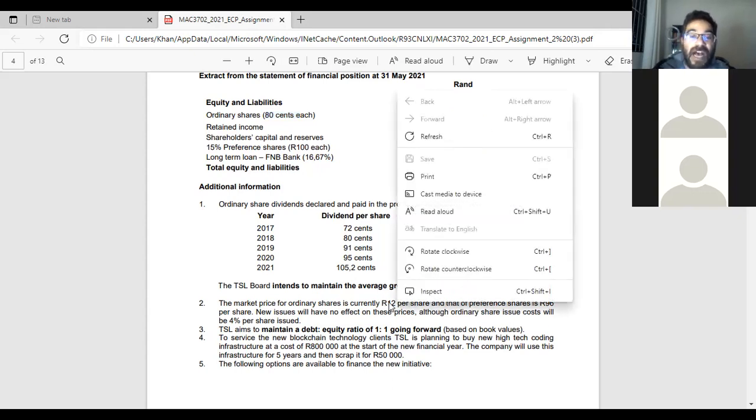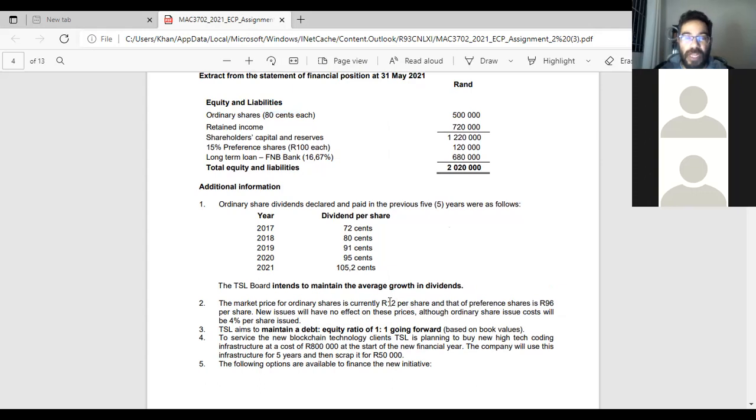Now you can start thinking how to calculate the market rate of ordinary share capital. There are three methods: bond yield plus risk premium, CAPM, and the dividend growth model. There's no information so far on CAPM. There's no risk-free rate. There's no beta. So that means we probably can't use CAPM. But there is information relating to the dividend growth model.